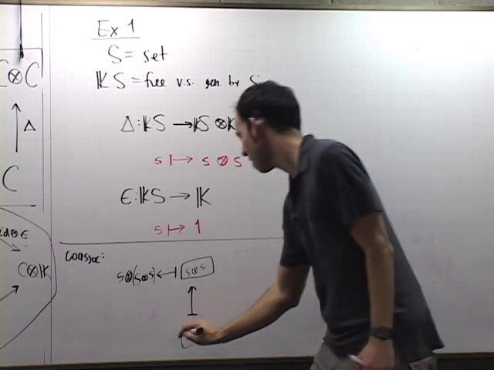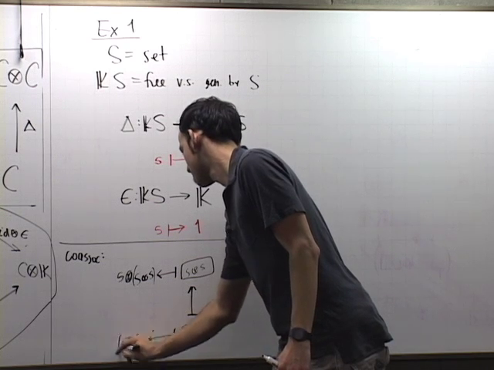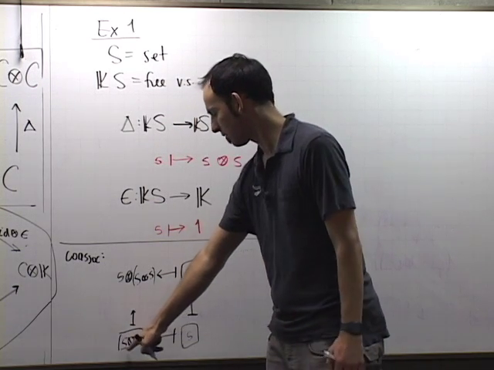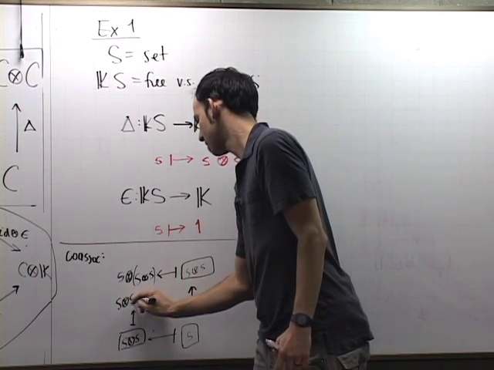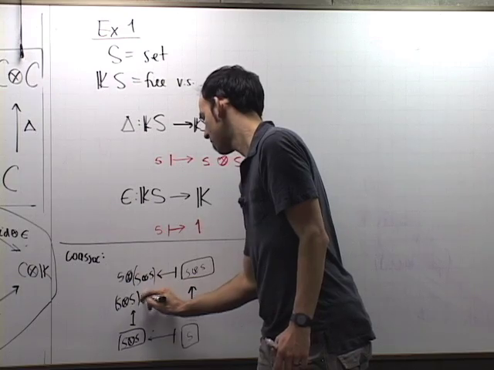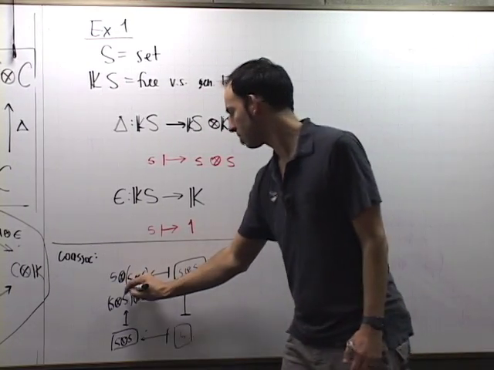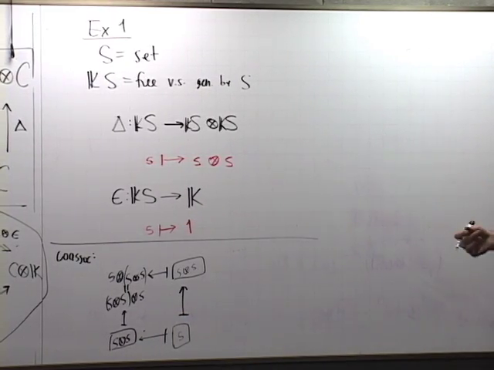If you go the other way, you get S tensor S, and then when you go up, you apply delta to the first S, which gives you S tensor S, and you leave the other one alone. You get this, and these two are equal to each other. And so that's why coassociativity holds.